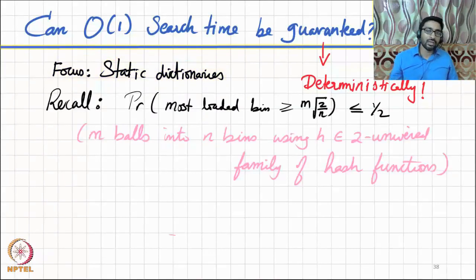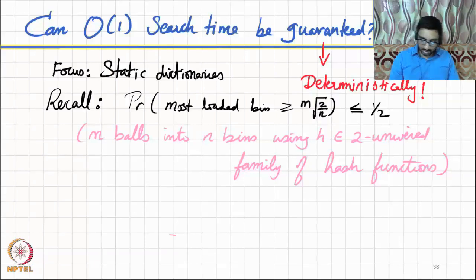And the important thing is we're not even going to require complete randomness. We're going to assume that the hash function we have available is chosen uniformly at random from a two universal family of hash functions. Before we proceed, let's recall the balls and bins result that we have.